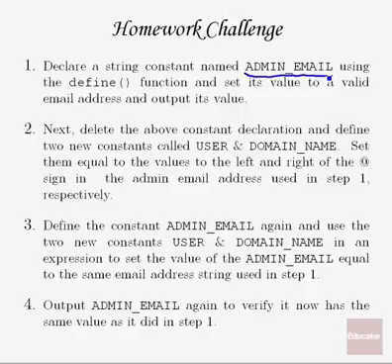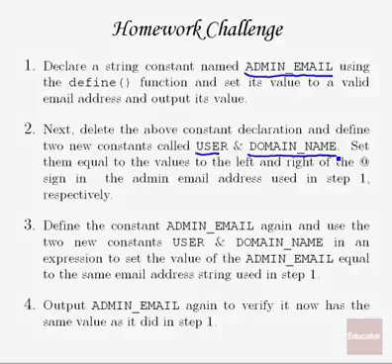Then I'm going to have you delete the constant altogether and create two new constants, one called user and one called domain name. Define the user constant to be the value to the left of the @ sign in your admin email address, and the domain name constant to be the value to the right of the @ sign.